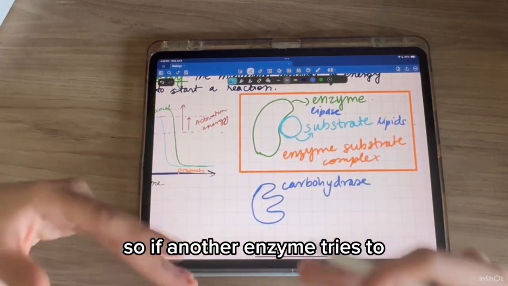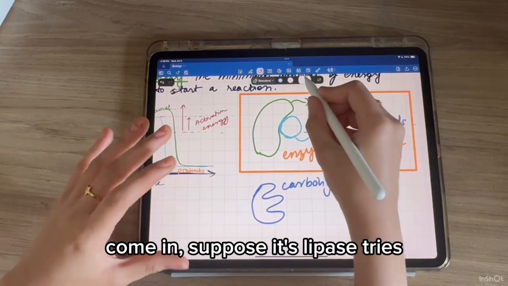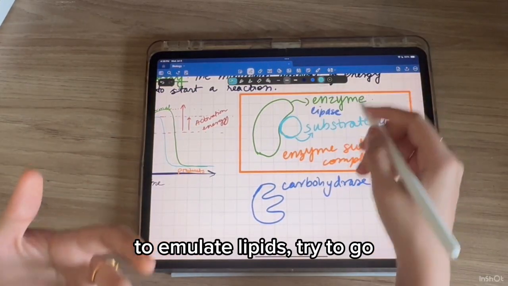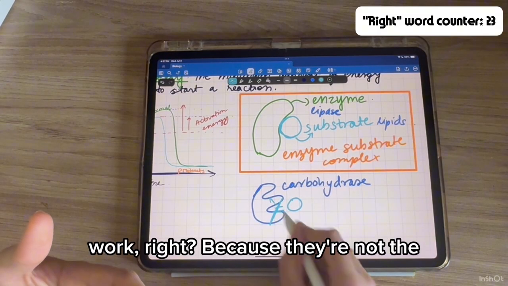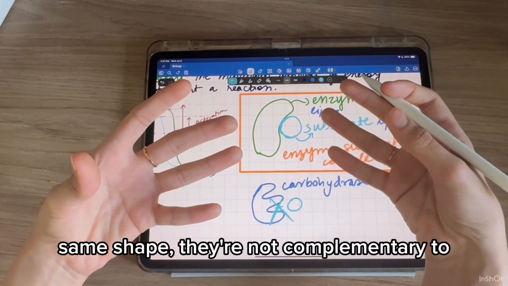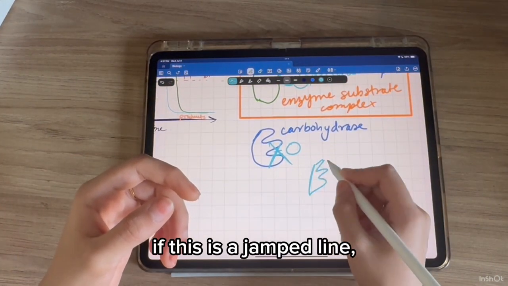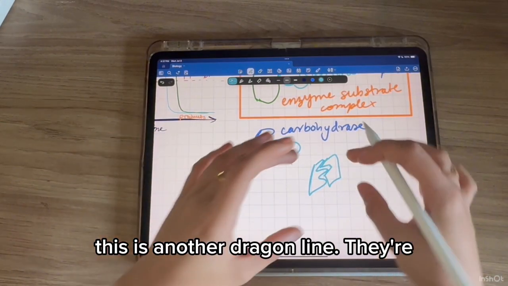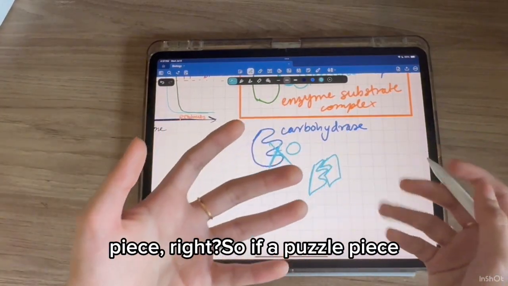Okay, so if another enzyme tries to come in, suppose if lipids try to go into a carbohydrase, that's not gonna work, right? Because they're not the same shape, they're not complementary to each other, right? Complementary as in if this is a jagged line, this is another jagged line. So they're complementary to each other. They're meant to fit together like a puzzle piece, right?